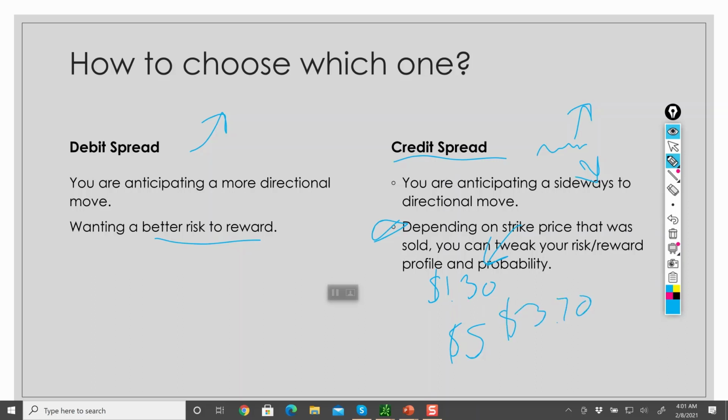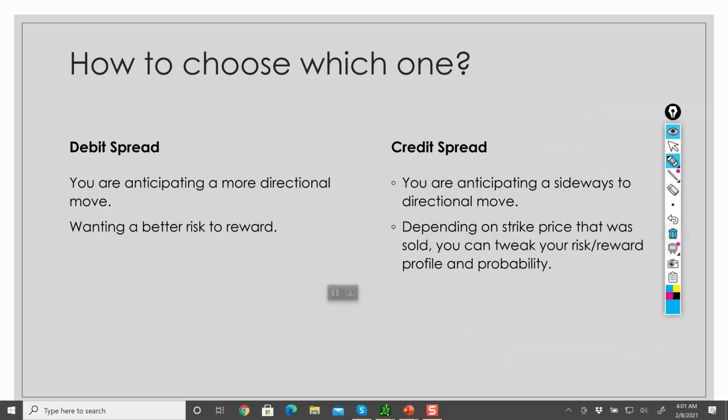Some people trade that way for a higher probability, but they still have stop loss levels. That is one way some people trade. So that is what I mean by you can tweak your risk reward, because the more you go at the money, in the money, your risk reward gets better, which is what the profile does. And I'll make sure all that makes sense, like I said, in the profile.